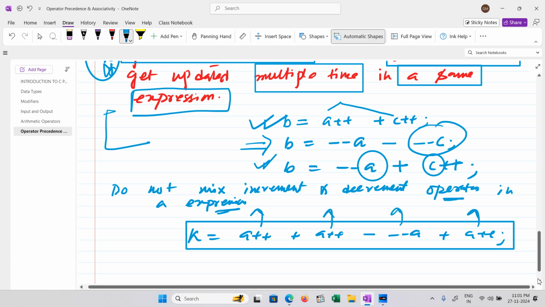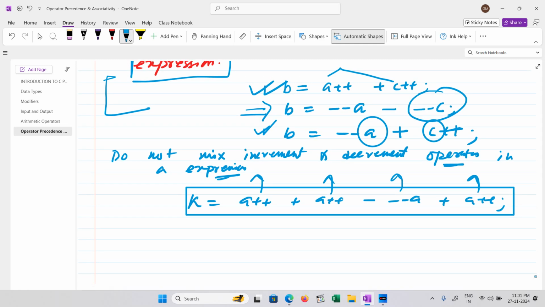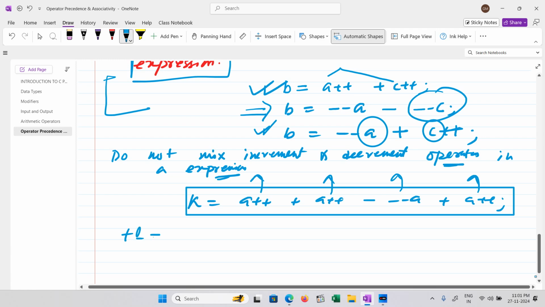Suppose you want to evaluate first, so let's take a temporary variable t1 and perform here a plus plus. So this one again, take a temporary variable, again you just do a plus plus. Now again another temporary variable, do this.